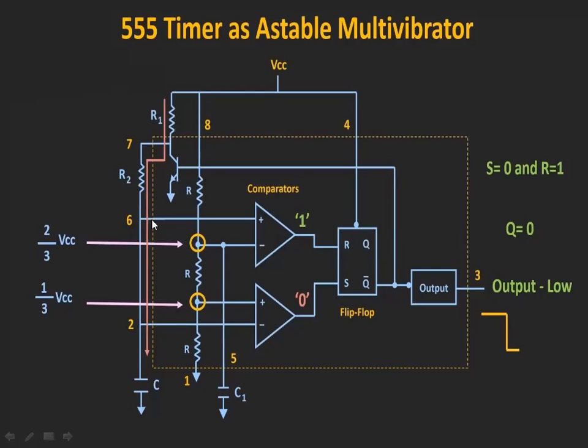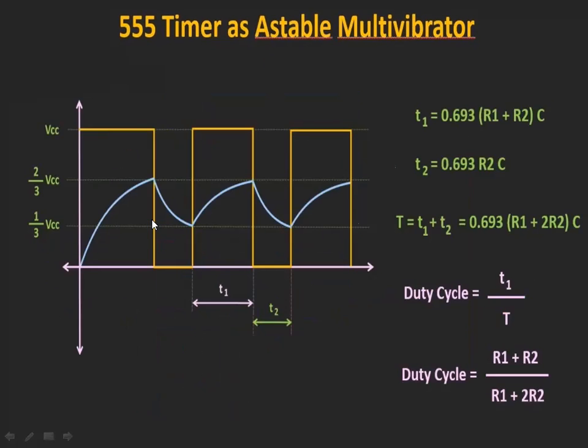So we write the equation as T1 equal to 0.693 (R1 plus R2) C. What is this 0.693? I will discuss that later in our time period explanation.